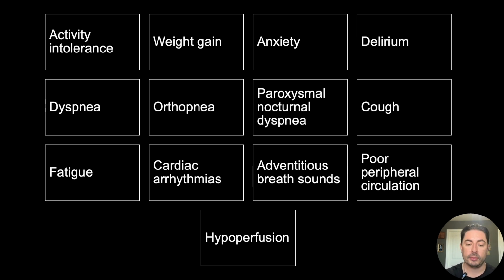Your hypoperfusion will impact the brain, so you'll have some brain fog. You'll have cognition impairments. Your poor peripheral circulation can lead to cool skin, diaphoresis. You'll have cyanosis, or even some changes in their skin color, maybe some mottling, things of that nature.